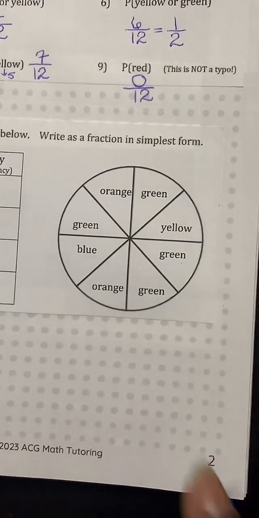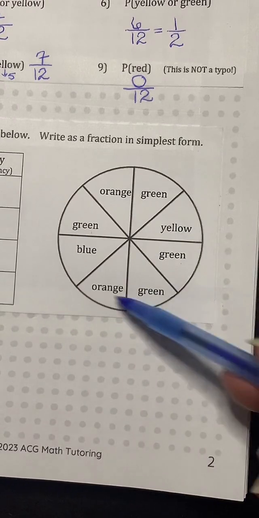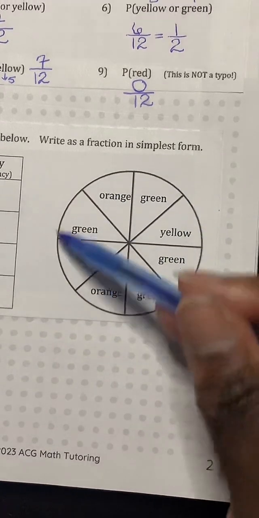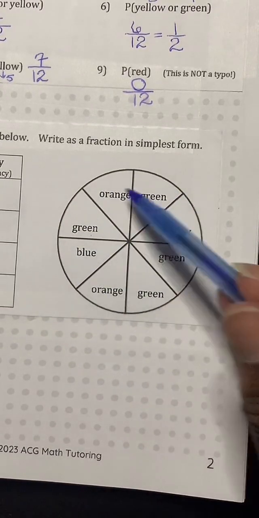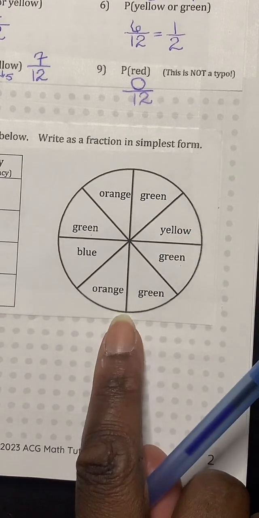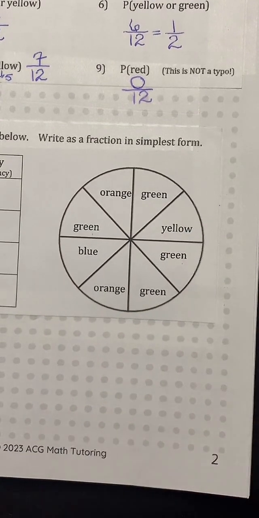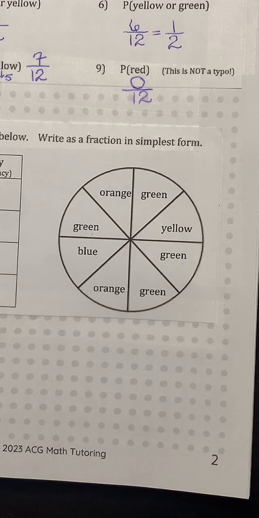So altogether, how many spaces? What is my sample space? How many spaces are being represented here in this spinner? Go ahead, put that into the chat. Good, good.